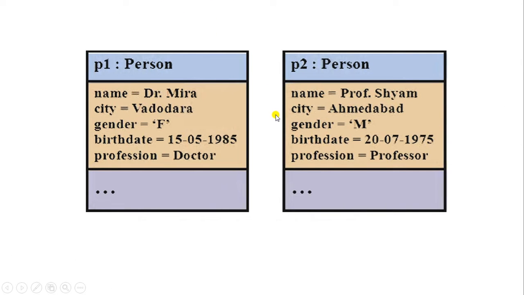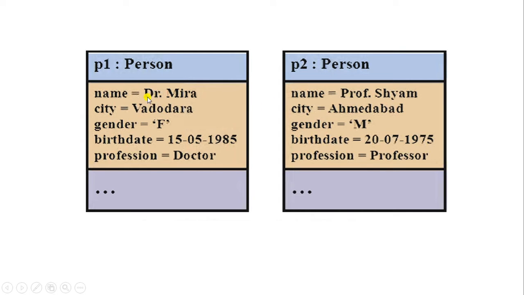See over here, there are two different classes, P1 person and P2 person, and look at their attributes or characteristics, which are different.